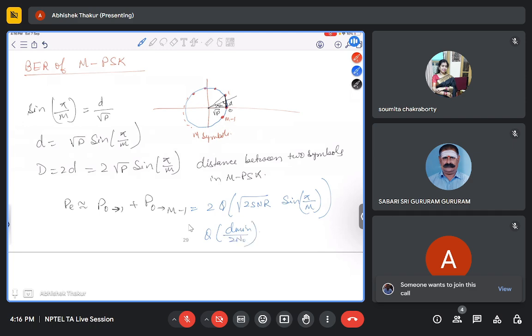This is a general formula. So we apply this: bit error rate is equal to Q of d min, which is 2 root P sine pi by M, by 2 N naught.